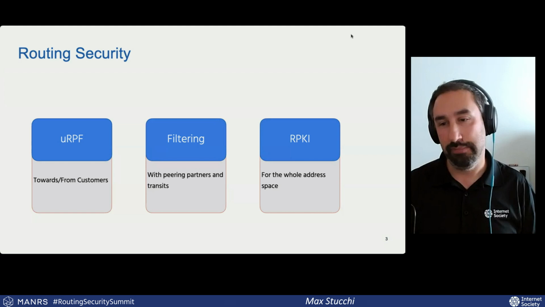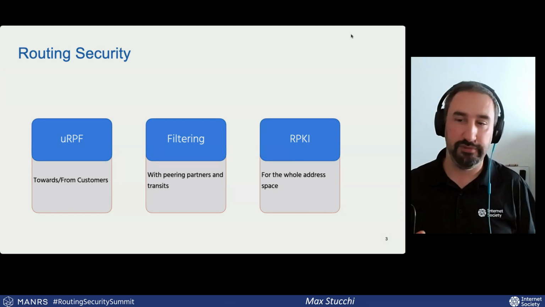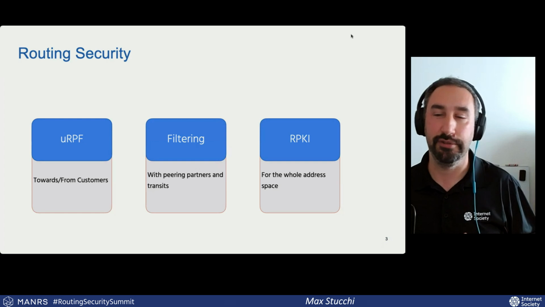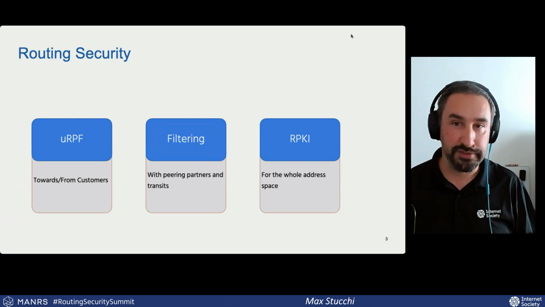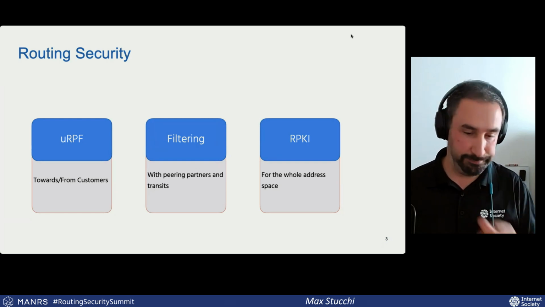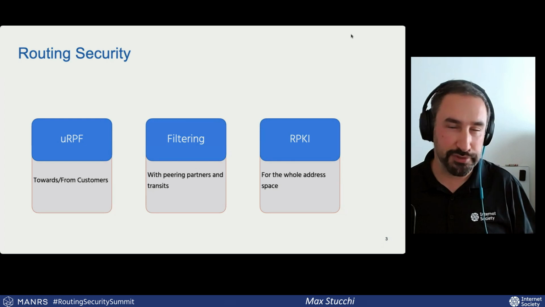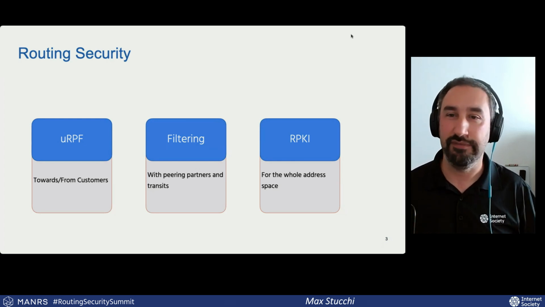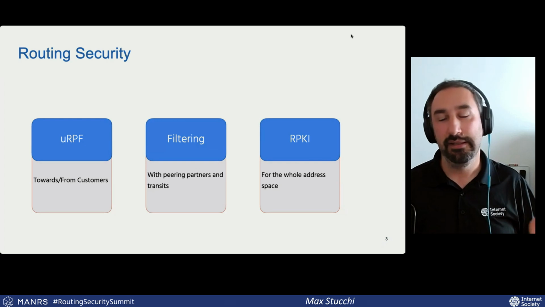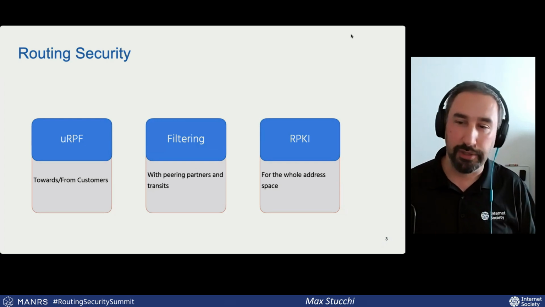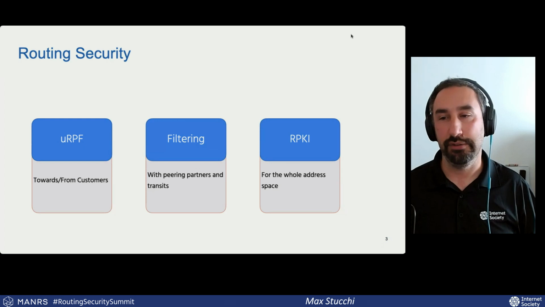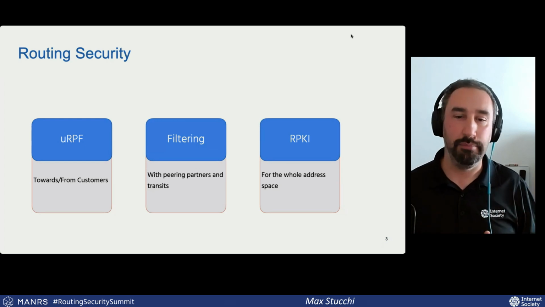RPKI is the most complex of these because, of course, it's global. It introduces more concepts, let me say, crypto, but it's just a verifiability of the data. There's nothing that's really encrypted. Everything is public, but you can verify the data you find. So it adds layers of complexity.